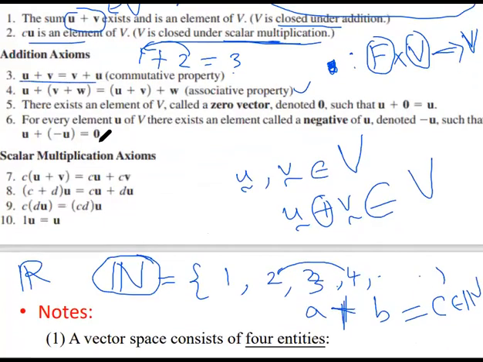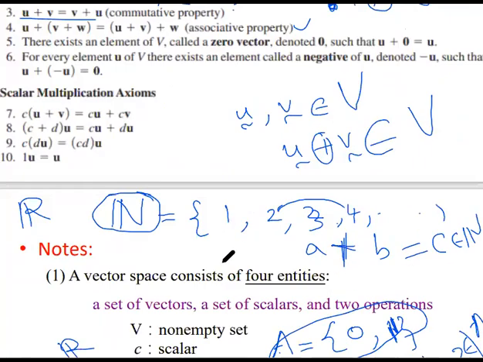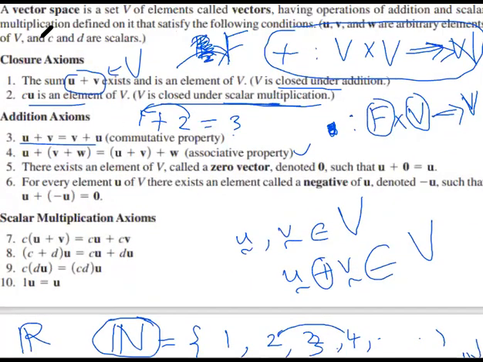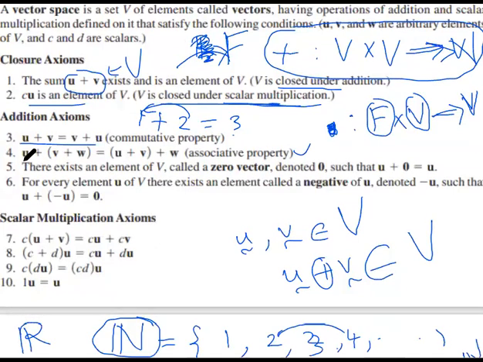And check whether the commutative property is true for this set V. V is our set, and you have to prove this one as well. This is called the associative property.